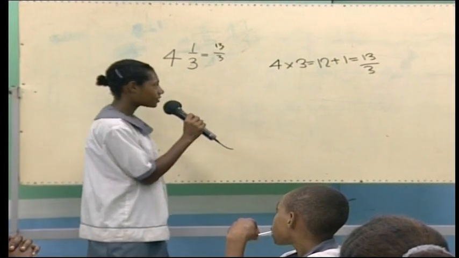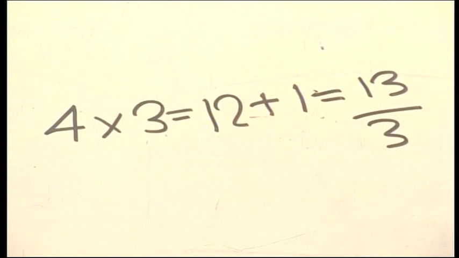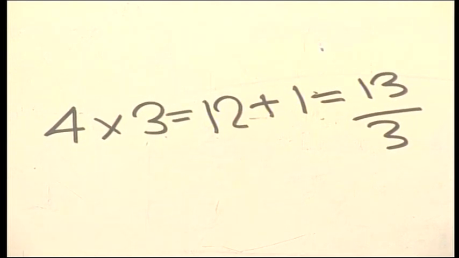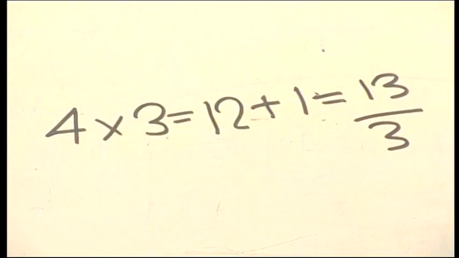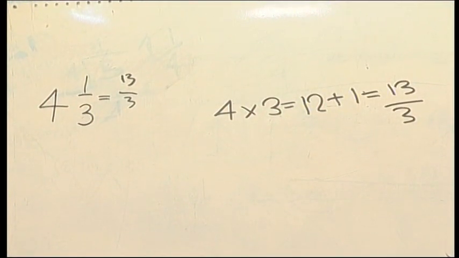The answer is 13 over 3. Okay, thank you, Glenda. 7Es, class, receiving students, is there any other explanation, or who would like to add on to what Glenda came up with?